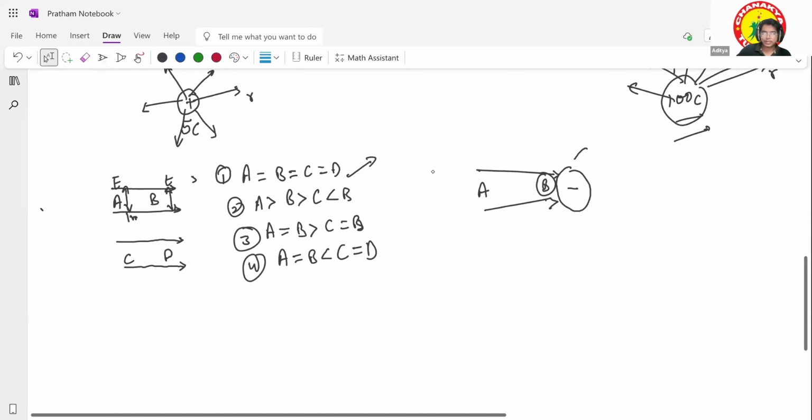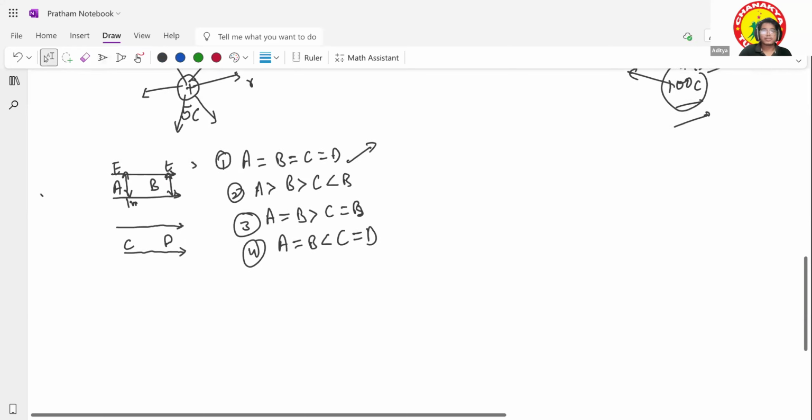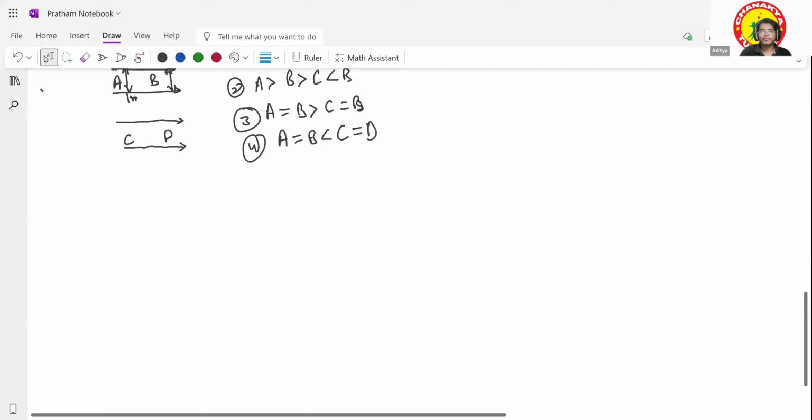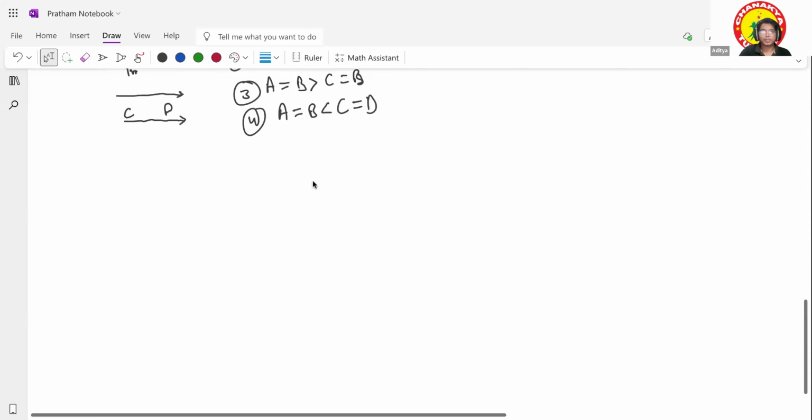Okay, it's the same condition, so I can just remove it. So this is one thing, and these are some properties.